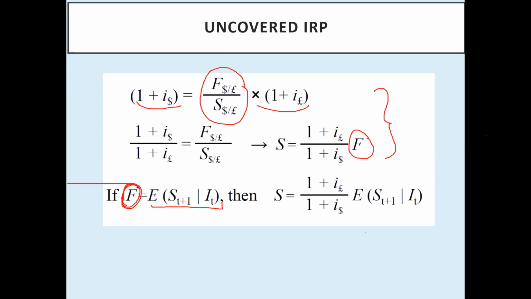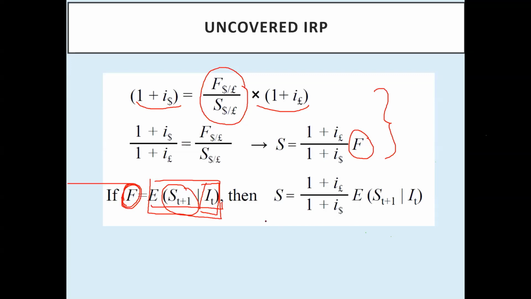So here we can write the forward rate as the conditional expectation about the future spot rate, about the future value of the pounds, conditional on the information that we currently have. So the right-hand side is our conditional expectation for the future spot rate, conditional on our information set as of today.